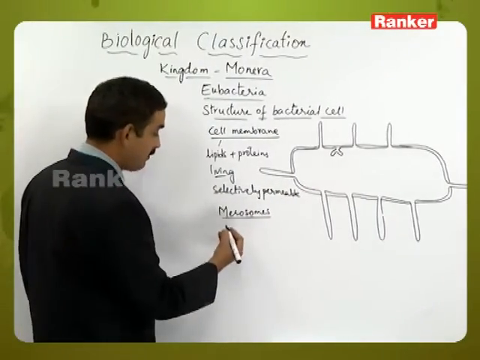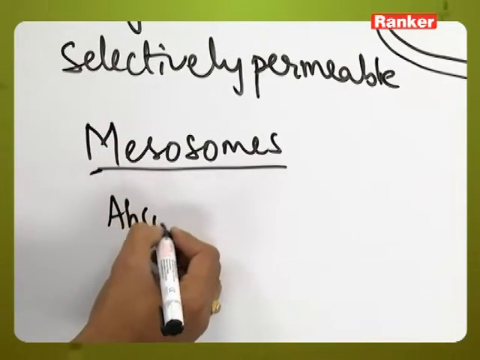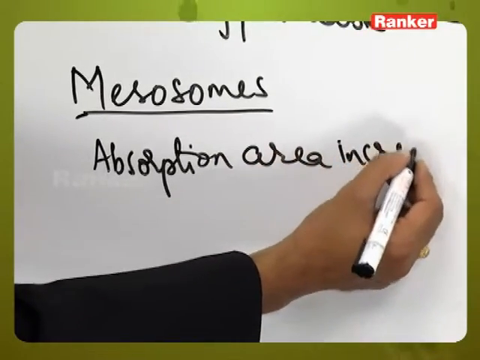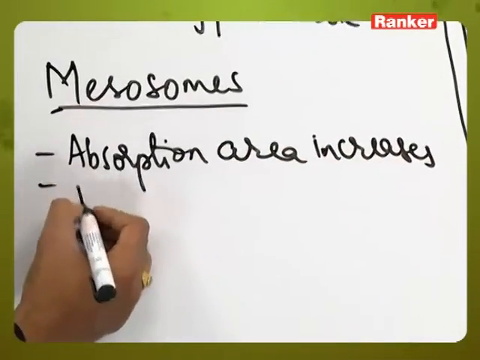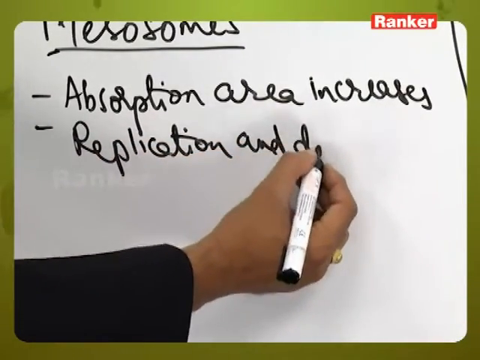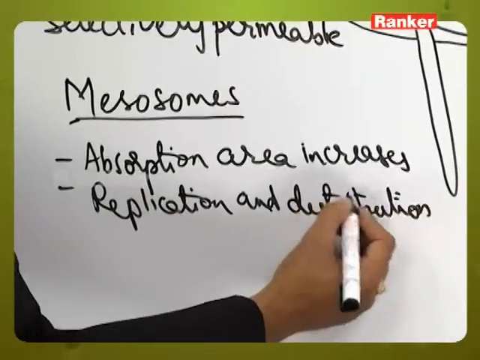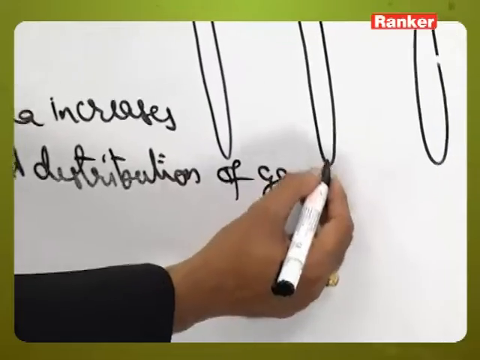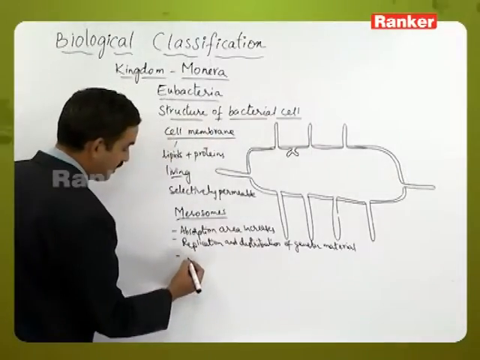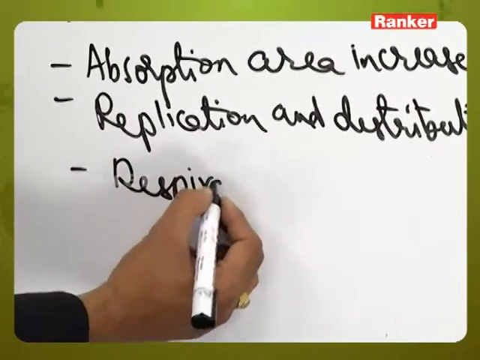These are special structures where the absorption area is increased, and they help in the replication and distribution of genetic material between the daughter bacteria during binary fission. Initially, some considered them a site of respiration also.